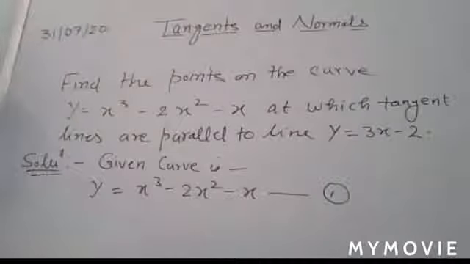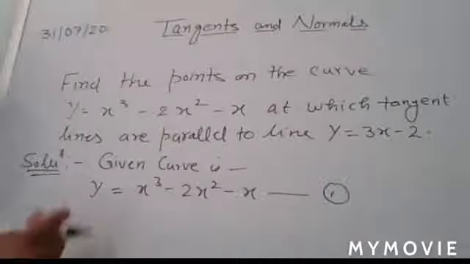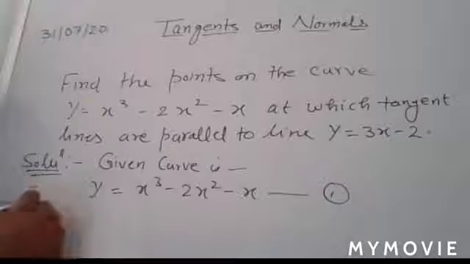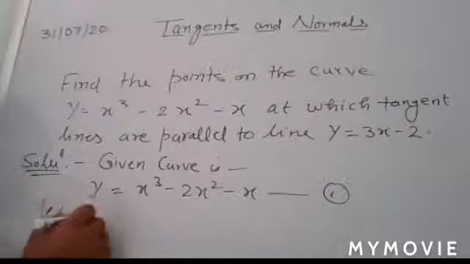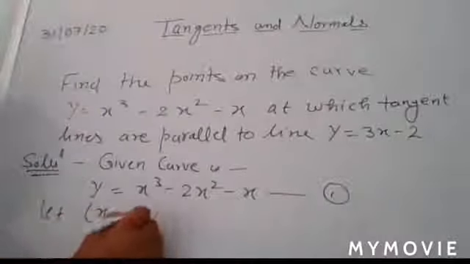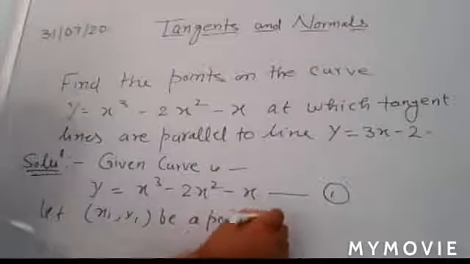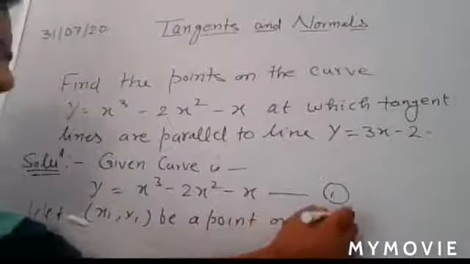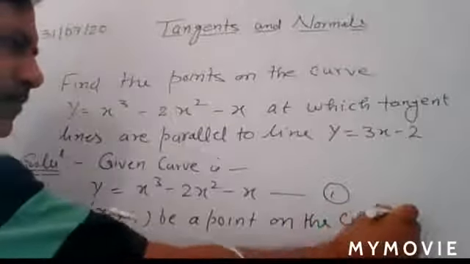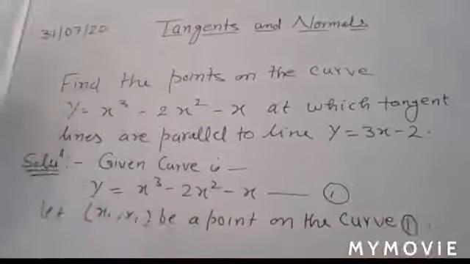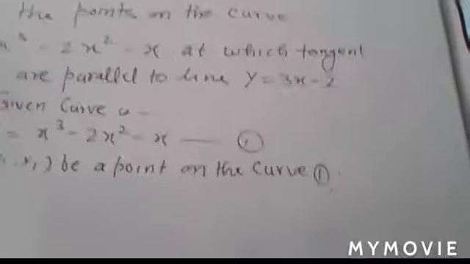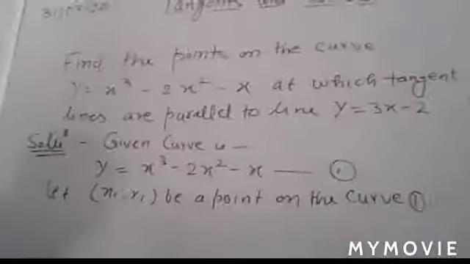And here you suppose any point x1, y1 lying on this curve. Let x1, y1 be a point on the given curve.